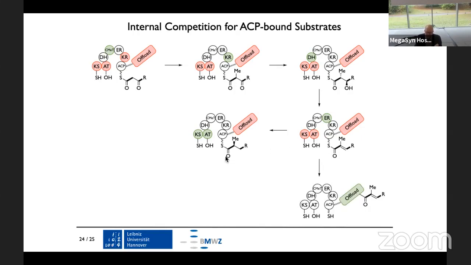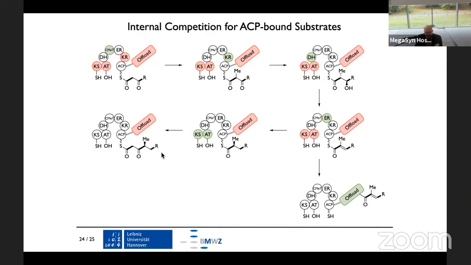But if the intermediate goes forwards at this stage, then the KS and AT can see, aha, now I've got a normal thiolester. That can be extended, we're back to a beta-carbonyl, and we're back into the system. And we've got, again, a different series of competitions between these catalytic domains.